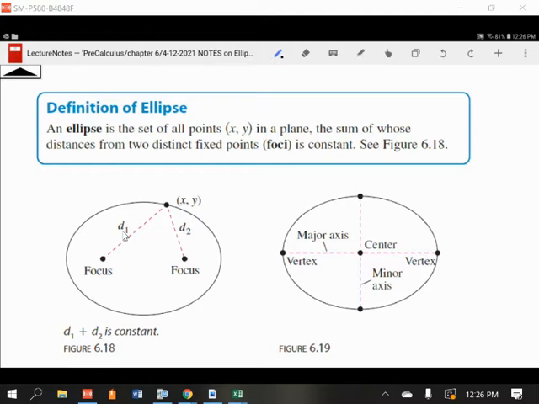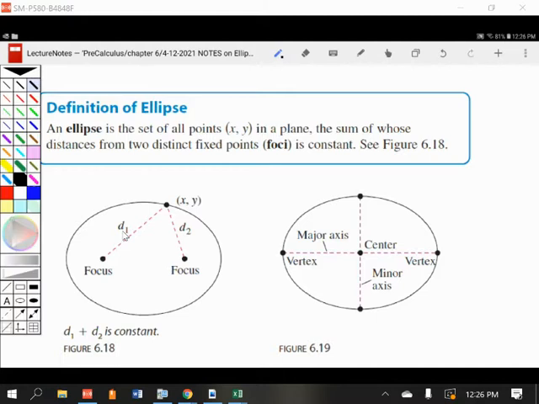the definition of an ellipse is the set of all points, the sum of whose distances from the 2 fixed points called the foci is constant. So remember a circle. A circle had a center. Imagine if the center of the circle split off into 2 foci.